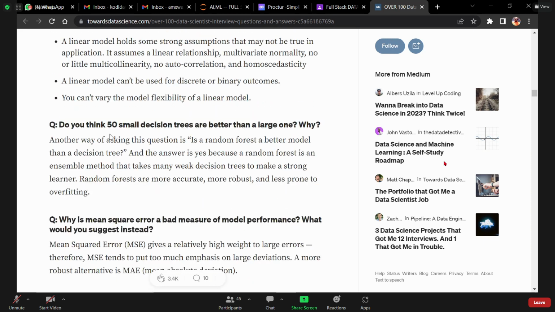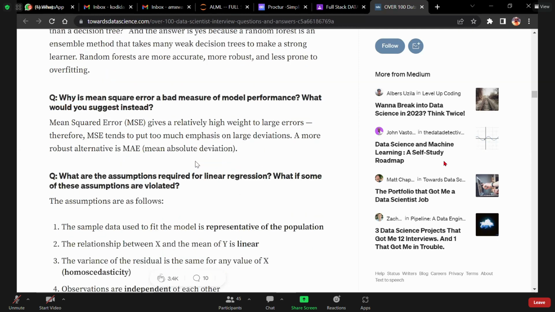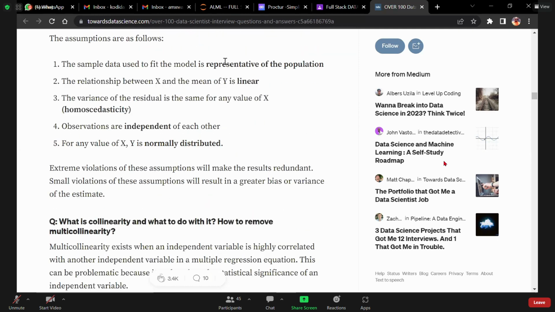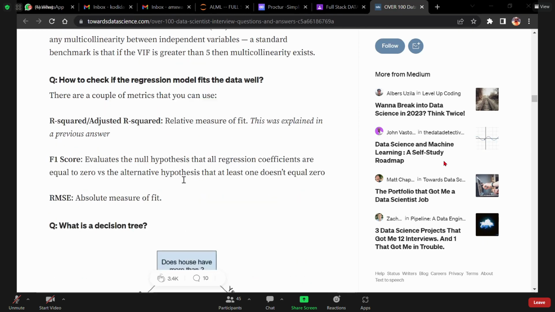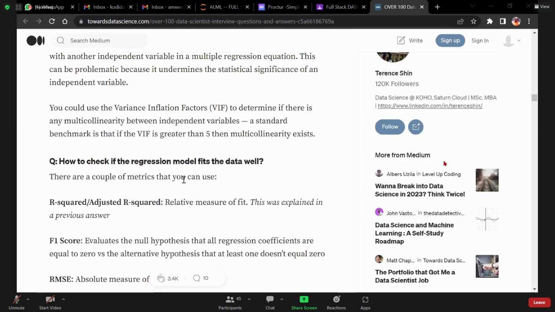Very simple. Do you think 50 small decision trees are better than a large one? Yes, very interesting question. 50 small decision trees are better than a large one, because they will ask about all the tree models. We have a few tree models. These questions are very important. I have worked in industry, and people are also working, so we get to know. That's why I'm sharing some of the reality part.